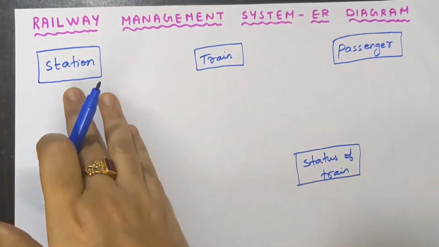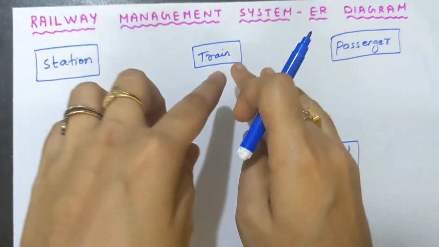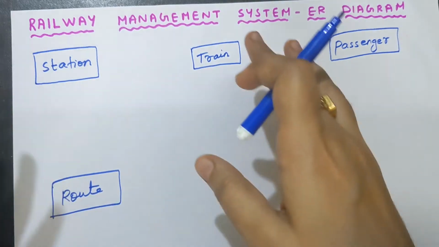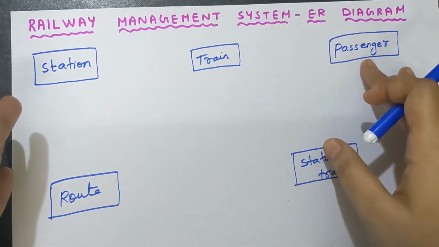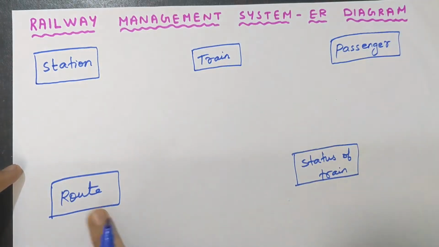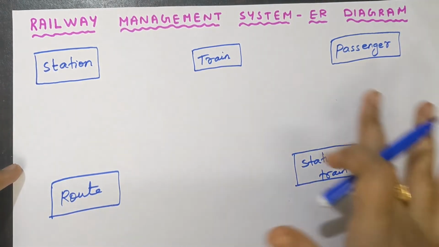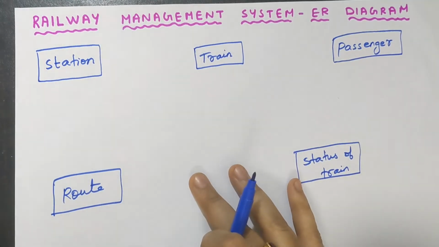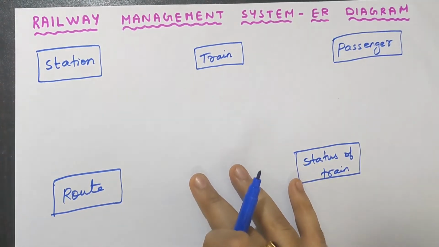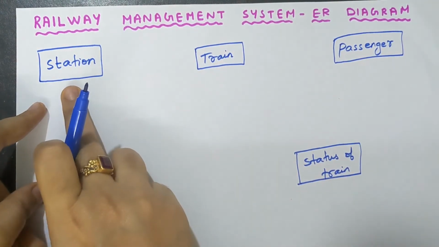If you take station, the attributes related to station you have to write. Next, if you take train, attributes related to train. If you take passenger, attributes related to passenger. Likewise, attributes related to route, attributes related to status of train. All of it you have to write separately. An attribute must be written inside the oval shape. You are writing entity inside the rectangle, right?